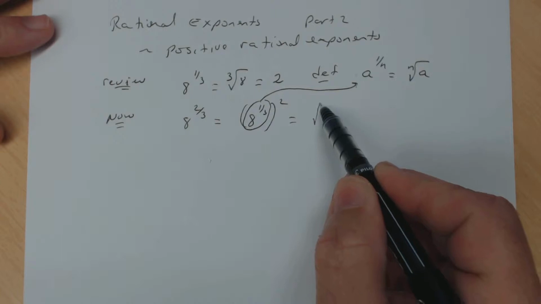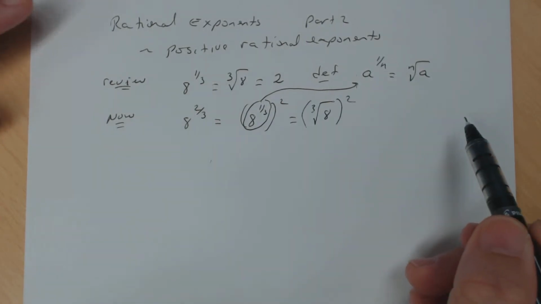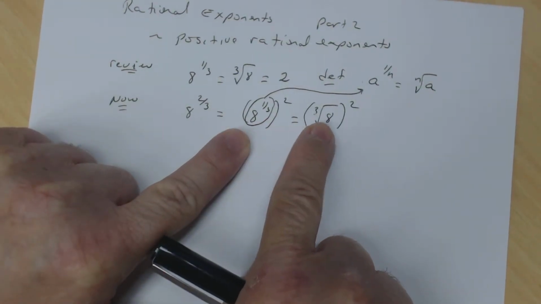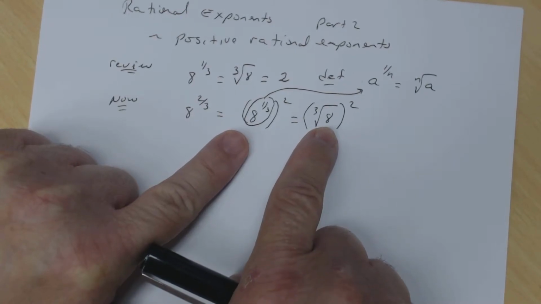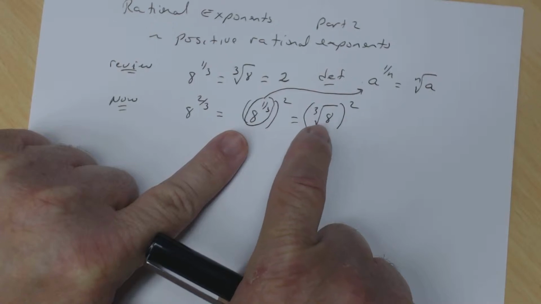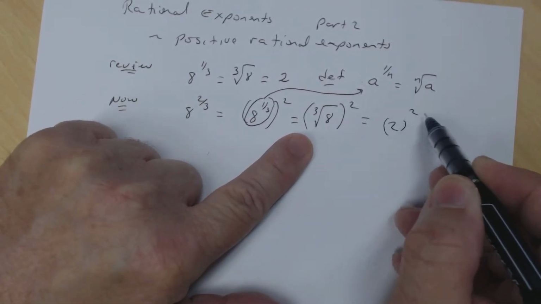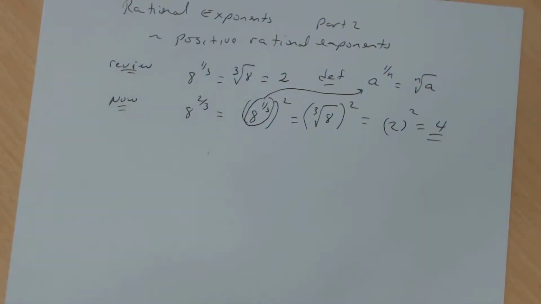So that's going to be the cube root of 8, all raised to the second power. So 8 to the 1/3 I can rewrite using radical notation, and my exponent is 2. And I know that the cube root of 8 is 2, so I get 2 to the second power, which is 4. So I get 4 there.